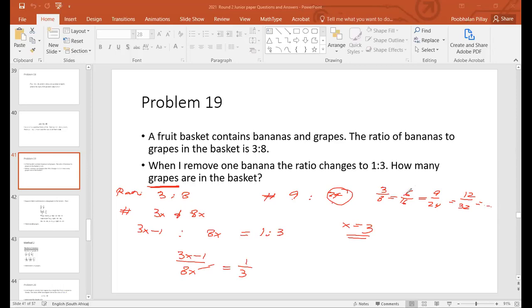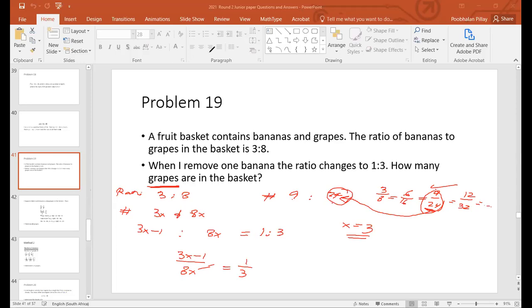If you remove 1 here, you get 5 over 16. You're only removing 1 banana, only the numerator. 5 over 16 is not 1/3. And here, if you remove 1, you see 8 over 24, which is 1/3. So this is the correct one, right? And the grapes are at the bottom, and bananas are at the top.